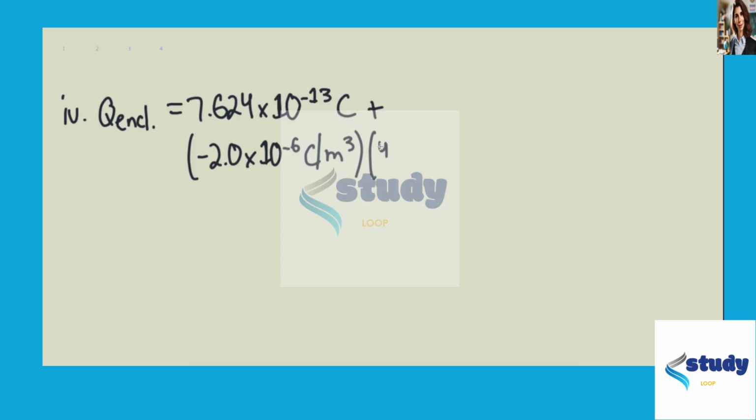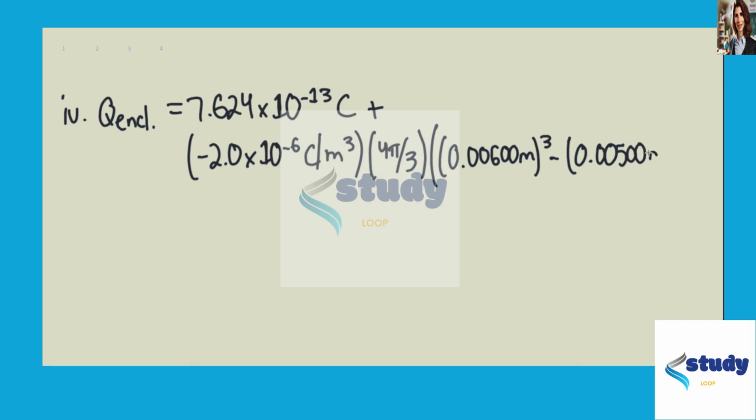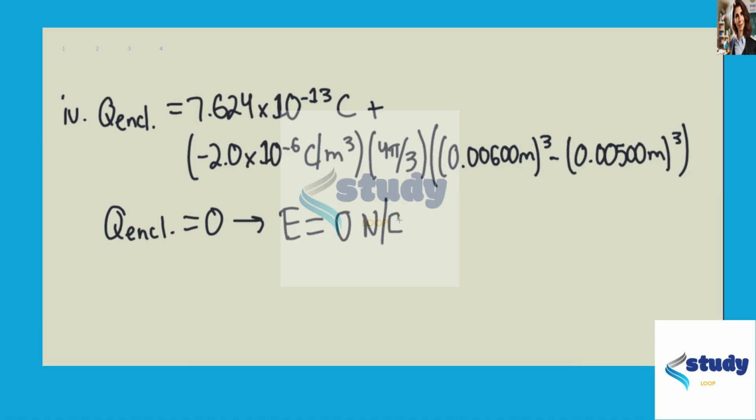This would be times 4 pi over 3, and then multiplied by 0.0600 meters quantity cubed minus 0.00500 meters quantity cubed. And we find that the enclosed charge is equaling 0. Therefore, the electric field is also going to be 0 newtons per coulomb for part 4.